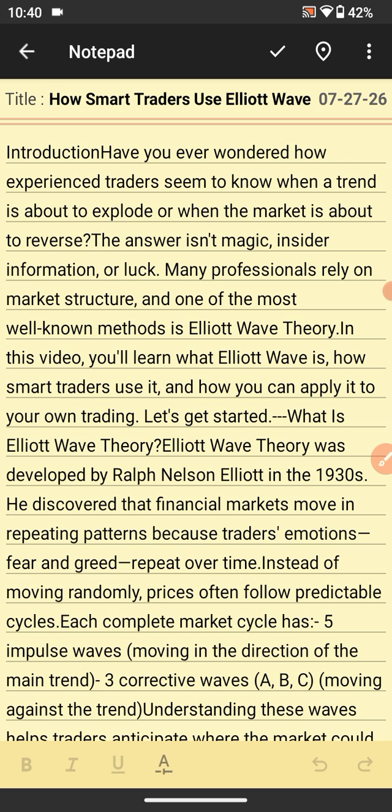Of course, we're reading a book, and that's the title of the book up there. Introduction: have you ever wondered how experienced traders seem to know when a trend is about to explode or when the market is about to reverse? The answer isn't magic, insider information, or luck.